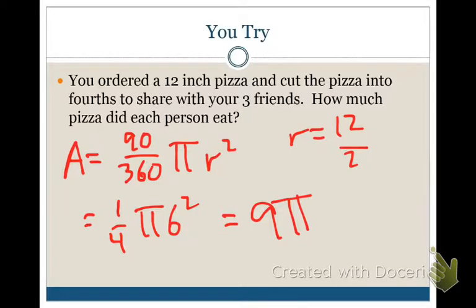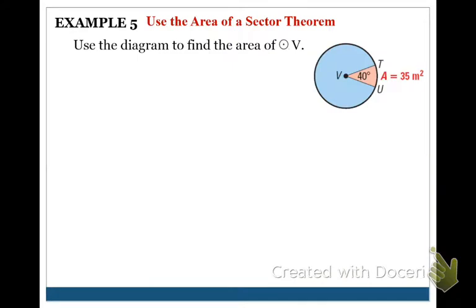Each person would eat 9 pi inches squared. And you can probably multiply that out.